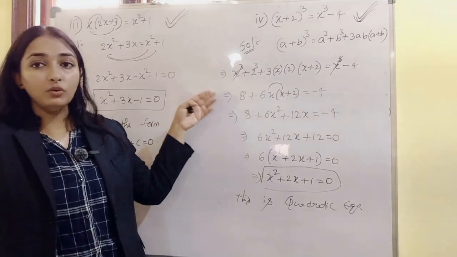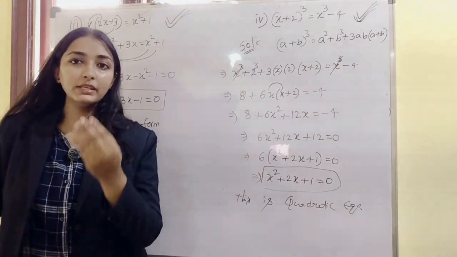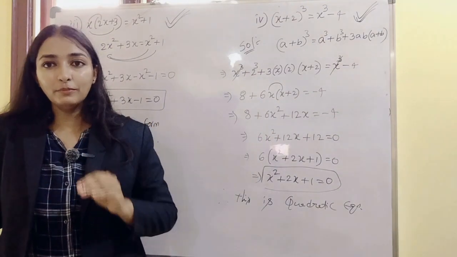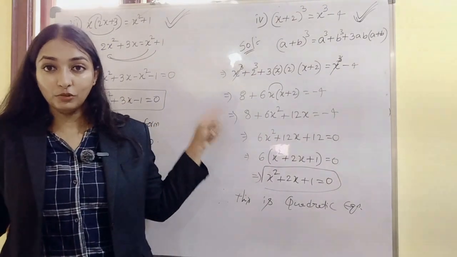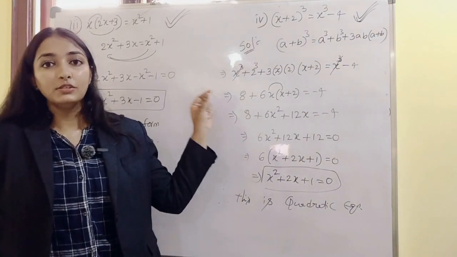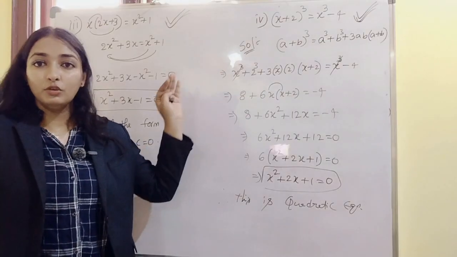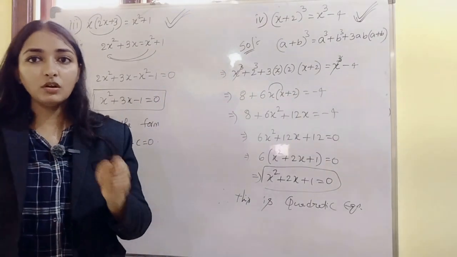Is it clear? And after that it becomes a quadratic equation. So by looking at the question, you should not come to the conclusion that it is a cubic equation and not a quadratic equation. First you solve it. After solving, you will get to know whether it is cubic or quadratic.